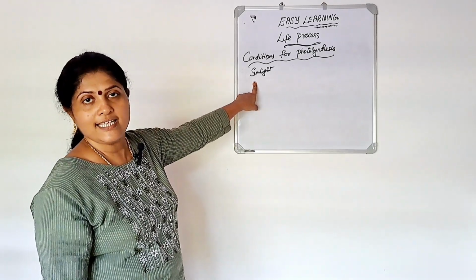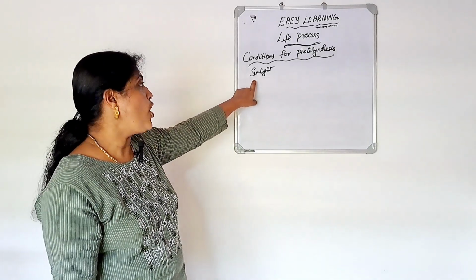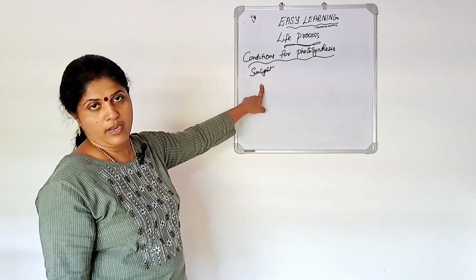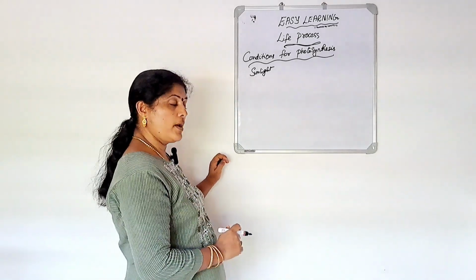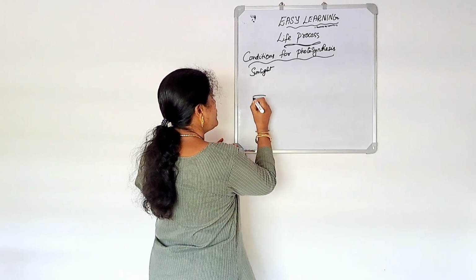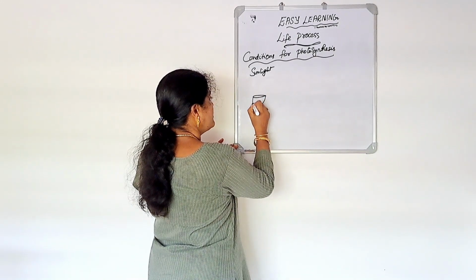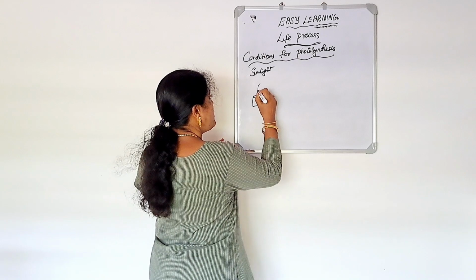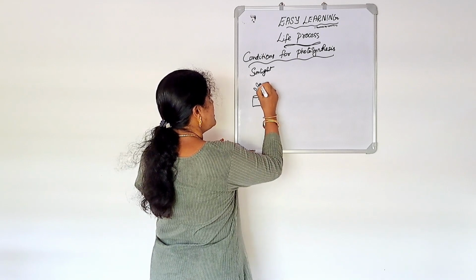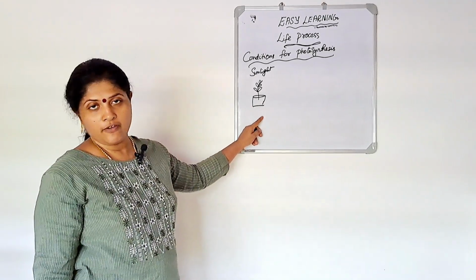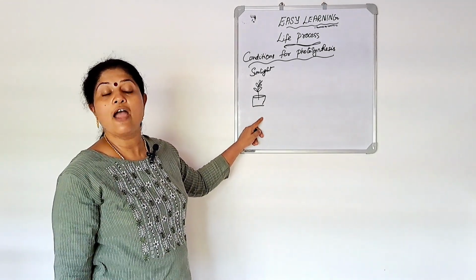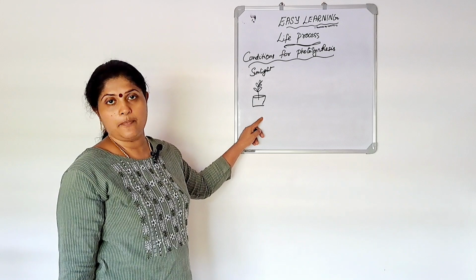Now we will see the steps involved in that particular experiment. Okay, in the first step, we have to take a potted plant, a potted plant which is growing in the sunlight. Then we have to de-starch that particular plant.